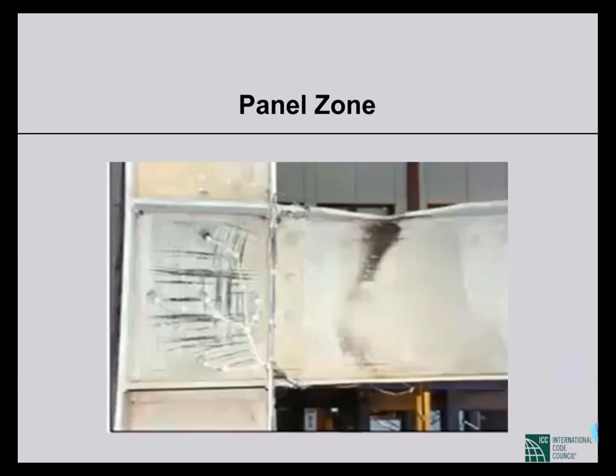So here you see the protected zone is in the beam and it is supposed to yield. That is, the hinge is supposed to form there. That's why this is RBS, like you see, reduced beam section.